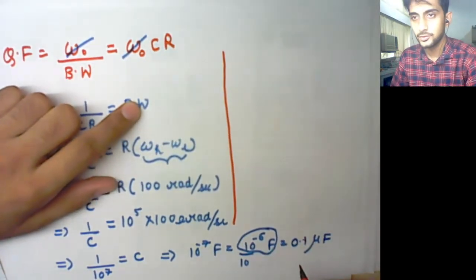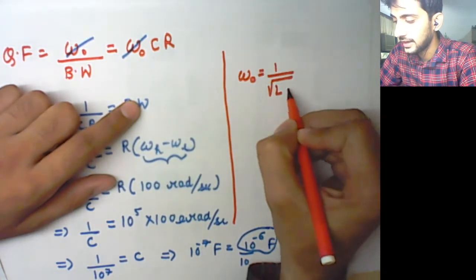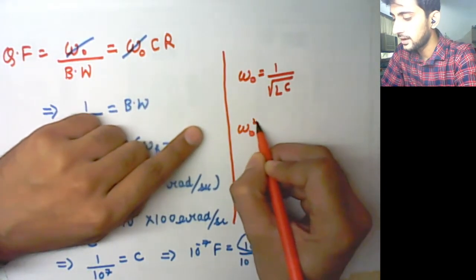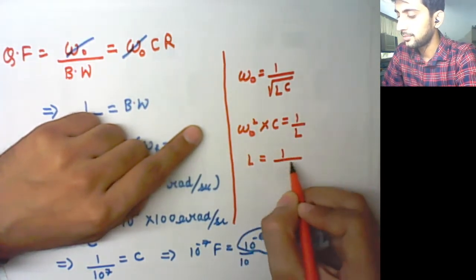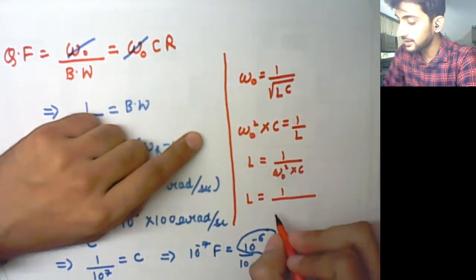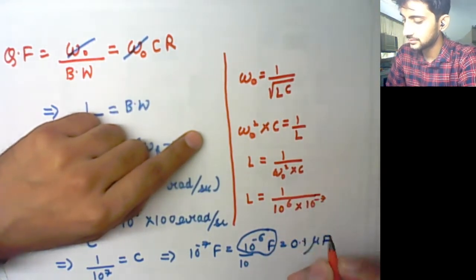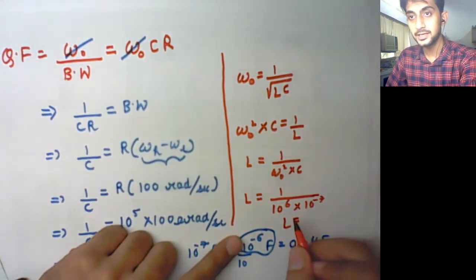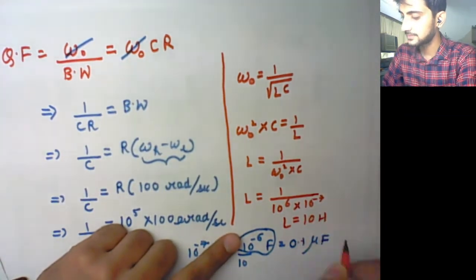C known है, so you can use any of the things like omega naught is equal to 1 upon under root of L into C. So from here you can use the fact that omega naught square into C should be equal to 1 upon L, or L should be equal to 1 upon omega naught square into C. So L would be equal to, then it would be 10 raised to the power 6 into 10 raised to the power minus 7. तो बताएं L कितना हो जाएगा? It would be minus 6 minus 1 upon 10 raised to the power minus 1 is 10 raised to the power plus 1, which is 10 henries.